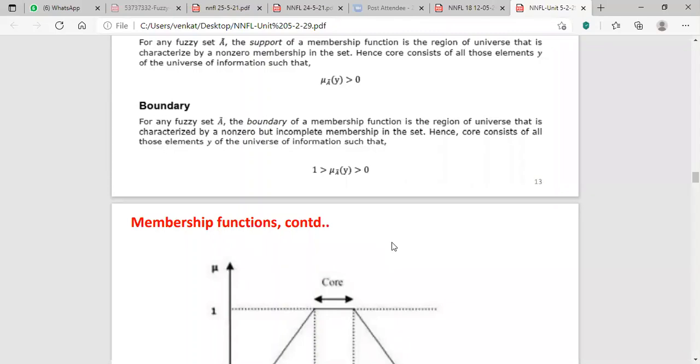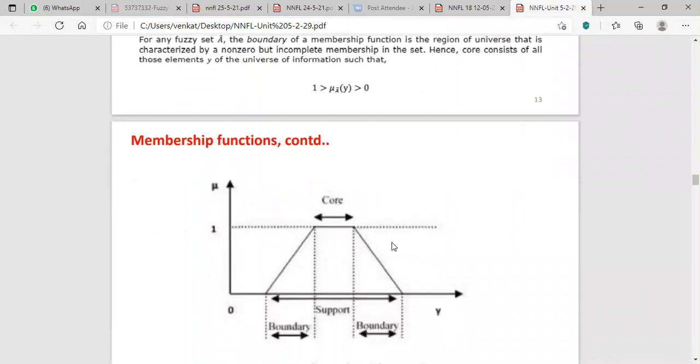Boundary is the region of the universe that is characterized by non-zero but incomplete membership in the set, that is, 1 greater than membership function of y greater than 0.